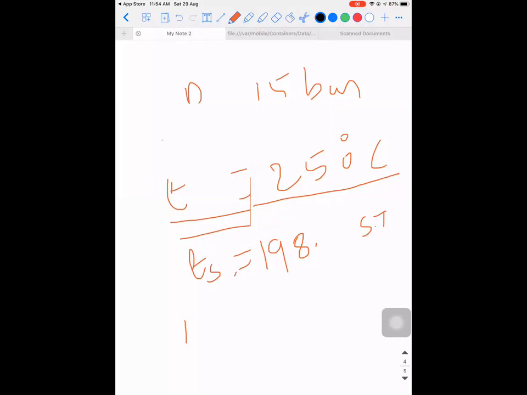Okay. So my question is, you have to find the properties at pressure P equals 15 bar and then temperature is 250 degrees.